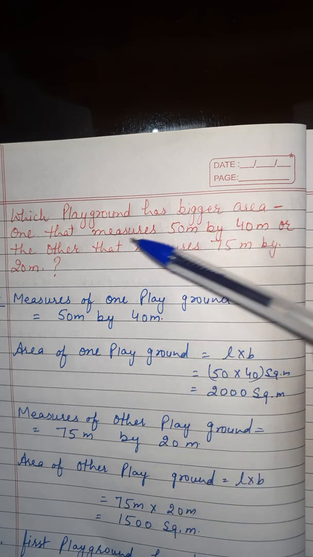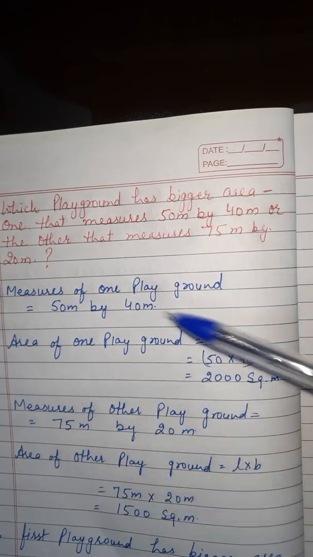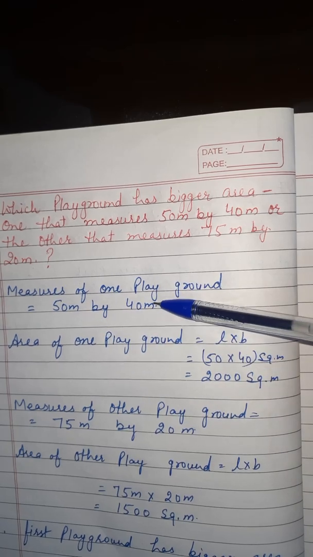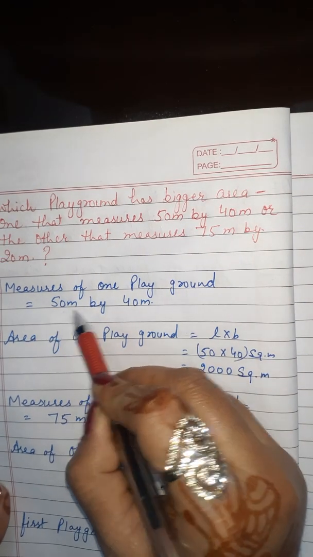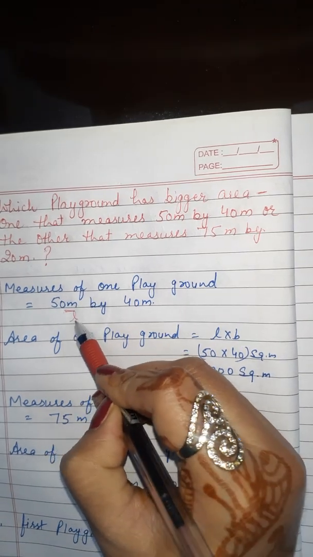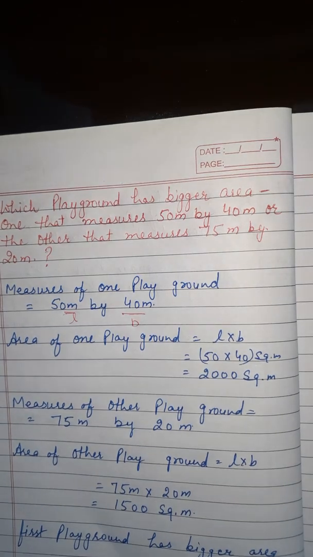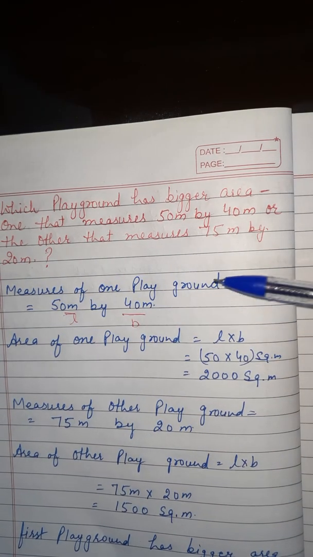And we have to tell which playground has the bigger area, meaning which playground is bigger. 50 meter by 40 meter means 50 meter is the length and 40 meter is the breadth.